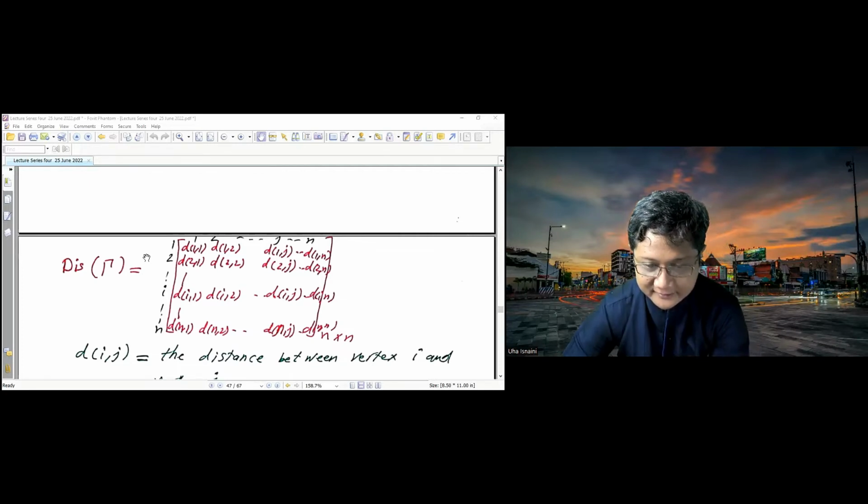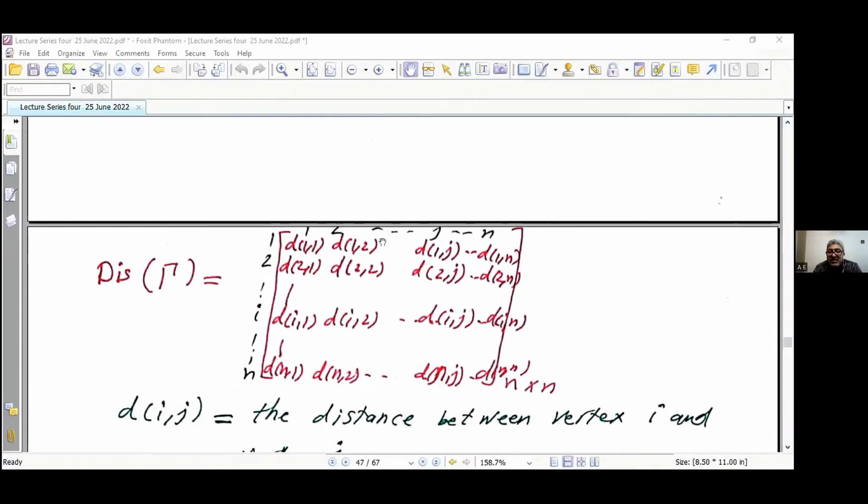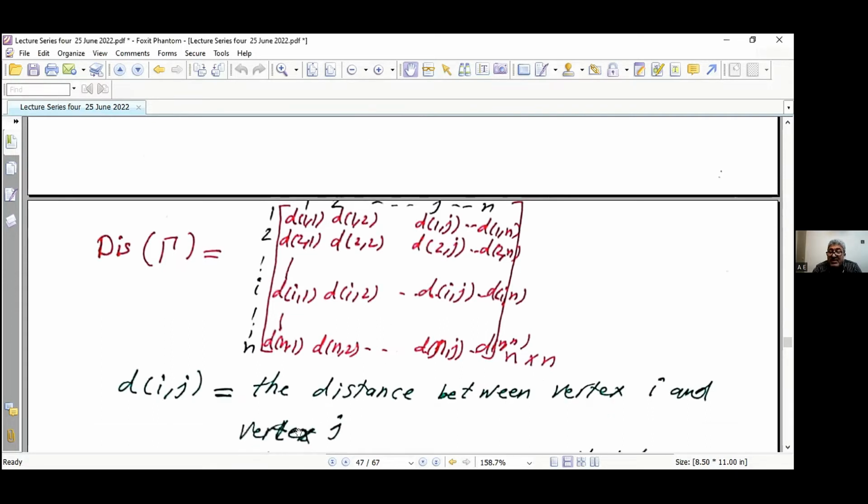Now, that's the distance matrix. The rows and columns are indexed by vertices 1 to n. If you take row i, for vertex i, and column j, for vertex j, the entry ij is d_ij, the distance between vertex i and vertex j.